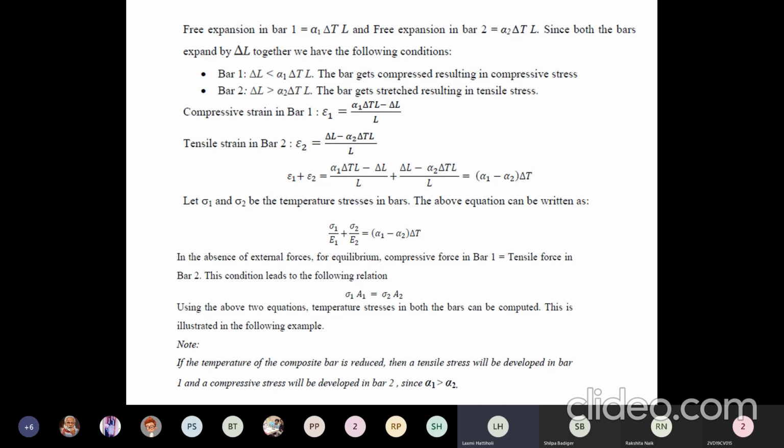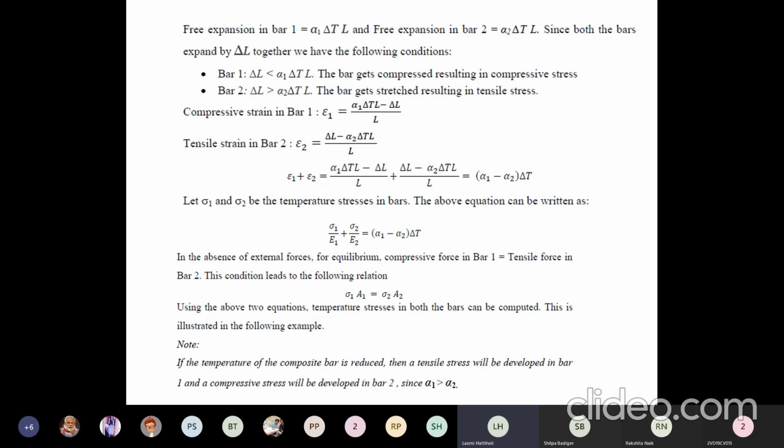Now, we know the concept of strain. What is strain? Strain is change in length divided by original length. In both the figures, material 1 and material 2, can I write the compressive strain in bar 1, designated as epsilon 1?